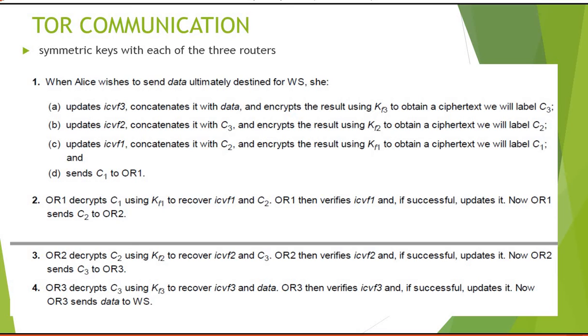Once again it will be encrypted using onion router 1's key, that is KF1, and the integrity check value F1 will be concatenated and sent. So the ciphertext is wrapped layer by layer. Now ciphertext 1 will be sent to onion router 1. Onion router 1 will decrypt it using the symmetric key KF1, and it will recover integrity check value F1.